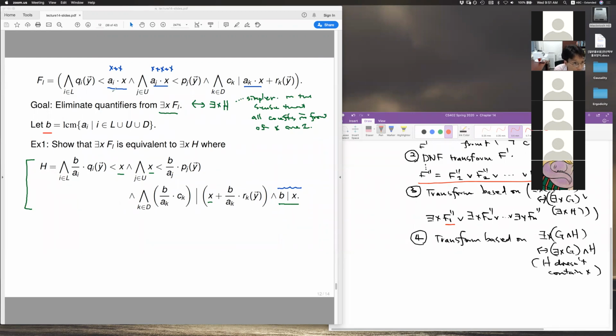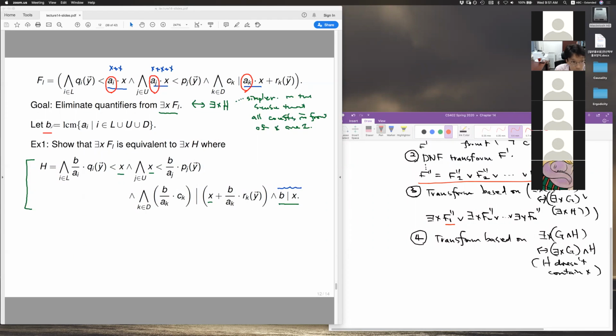So we collect these AI, AJ from here, AK from here. We collect all of them. They are all natural numbers greater than or equal to 1. And then we compute their least common multiple. It always exists because there are finitely many, and you can always compute a least common multiple.